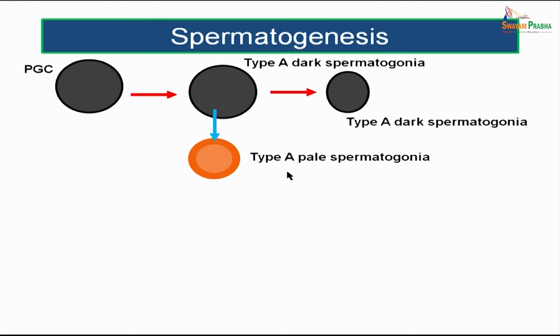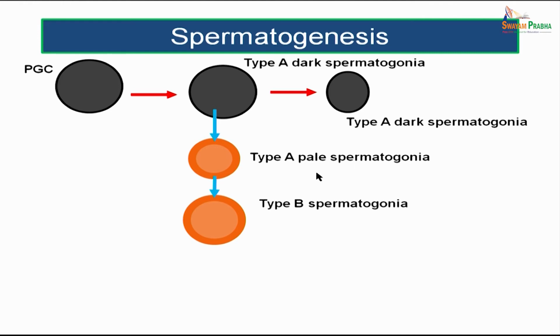It is the pale type which is responsible for further development. The type B spermatogonia is formed from type A pale spermatogonia. And the remaining type A dark spermatogonia again form type A pale spermatogonia. So, for spermatogenesis to happen, we need type A pale spermatogonia. That is the important point.